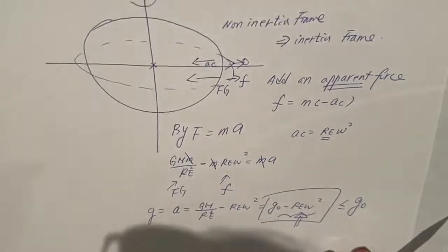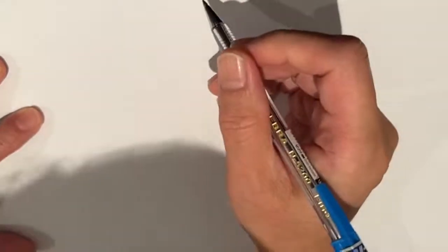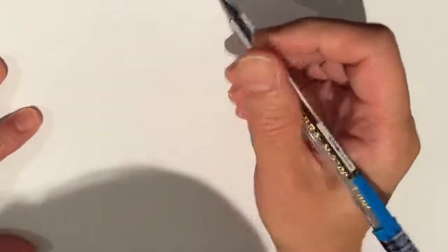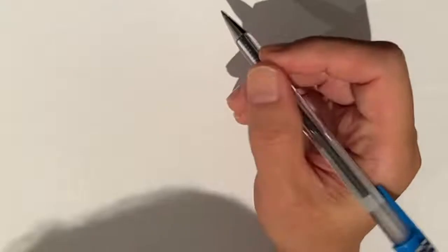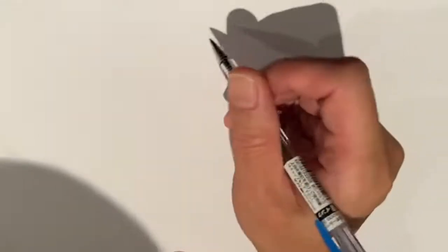Now I draw another diagram so that you can see more clearly. I will not do the mathematics because it involves some binomial expansion and some approximation. It is rather demanding for high school students.